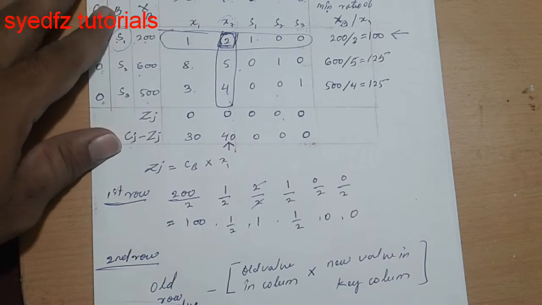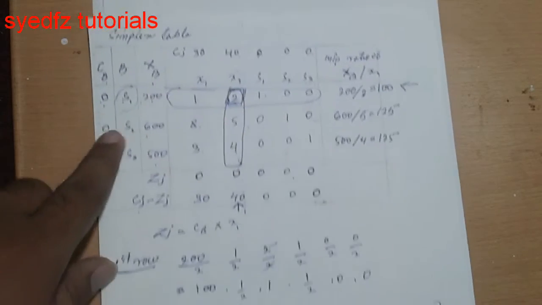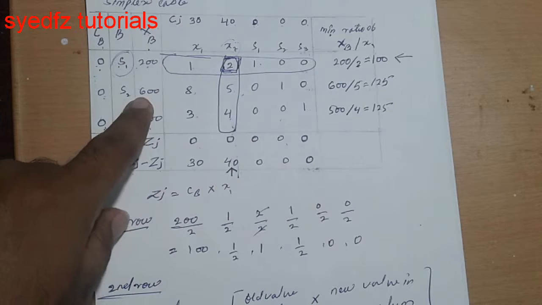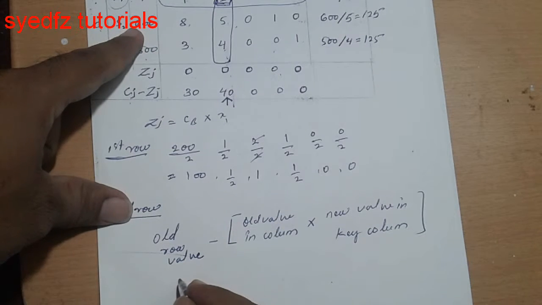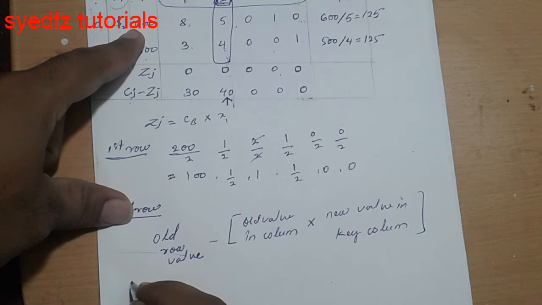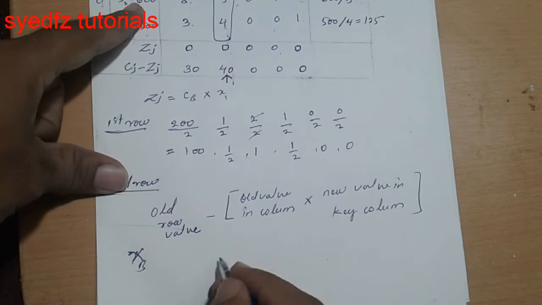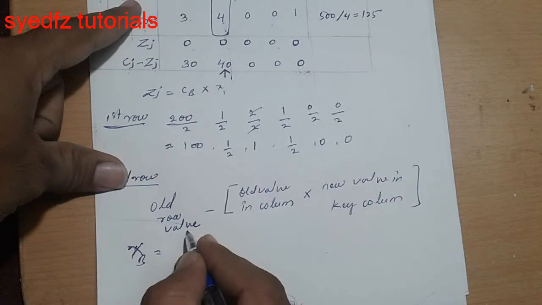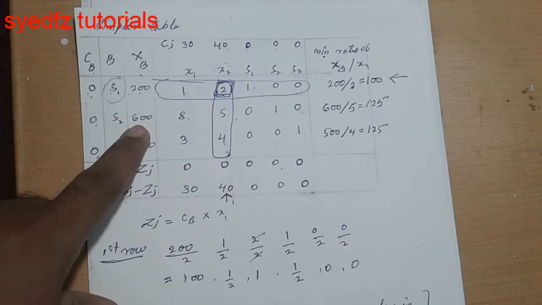Old row value means, for example, what is the old row value here? 600. So I'm taking the first one, for xb, 600. Old row value is 600.